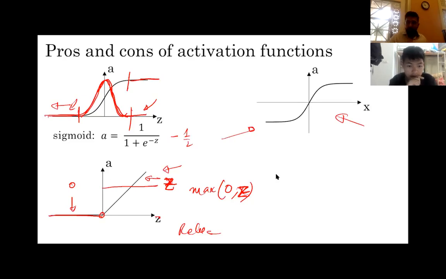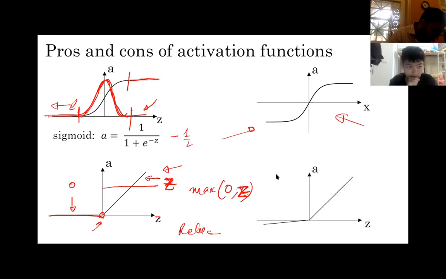For a derivative to be defined at a point, the derivative as you approach that point from left and right should be the same. But if you approach 0 from the left hand side, the derivative is 0. If you approach it from the right hand side, the derivative is 1, which means that the derivative is not defined at 0. So this is a little bit of a problem, but statistically speaking, you are very unlikely to encounter a point exactly z equal to 0 while you're doing your gradient descent or something like that. So things do not break down.